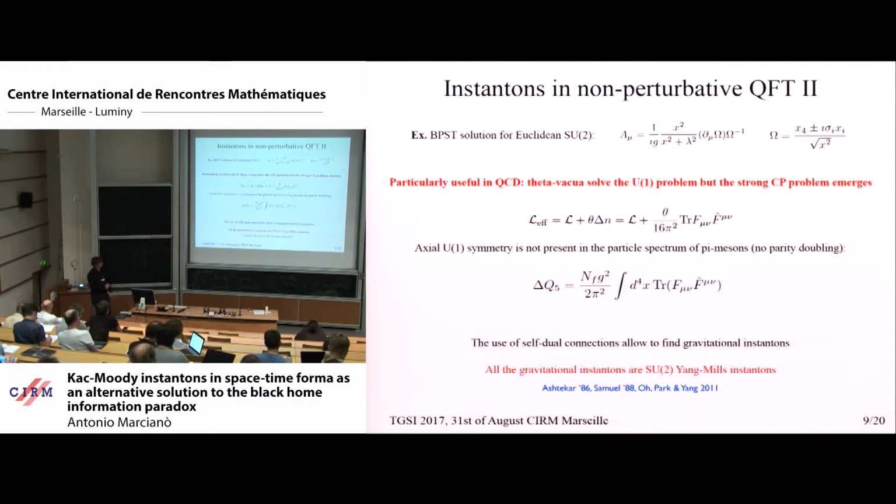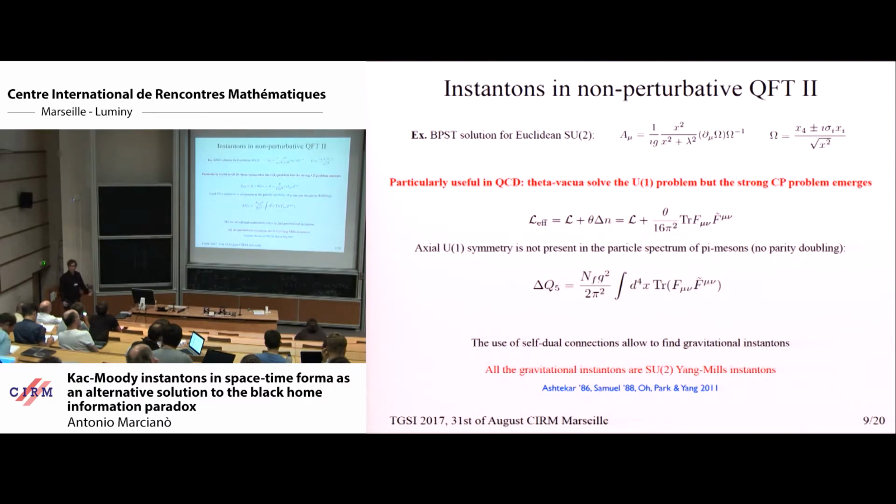So this is the shift which comes from considering this term, and of course this introduces an effective action, and this effective action is a change in the path integral. There is also the axial U(1) symmetry problem.